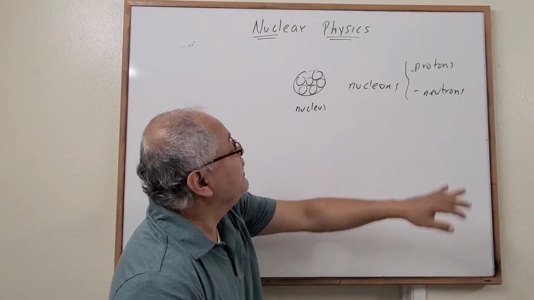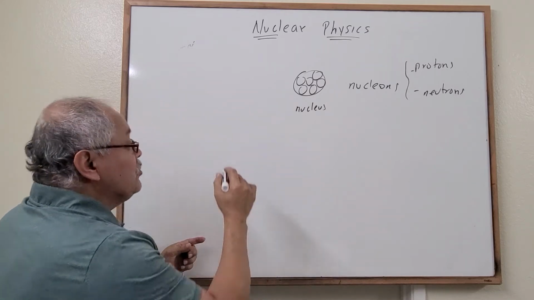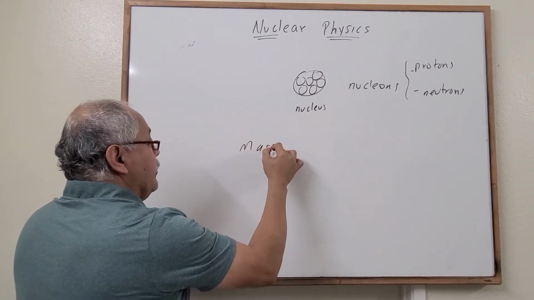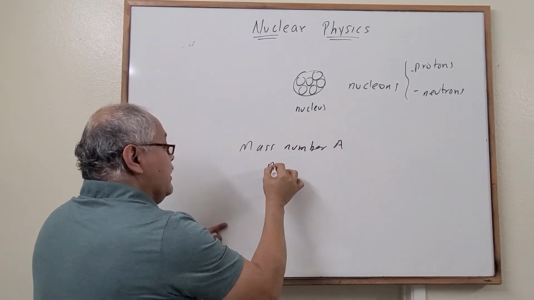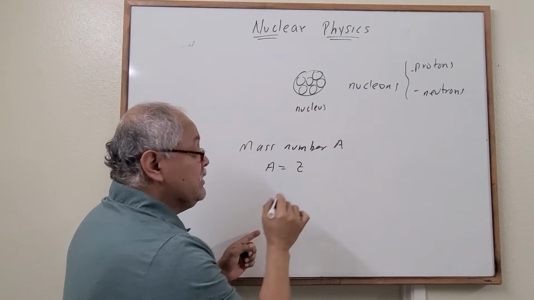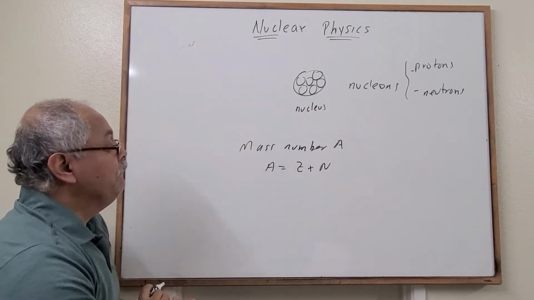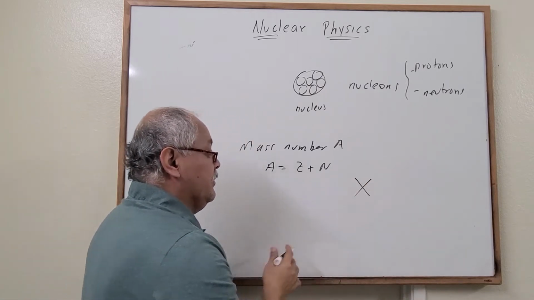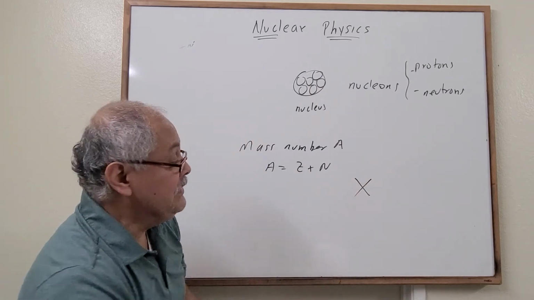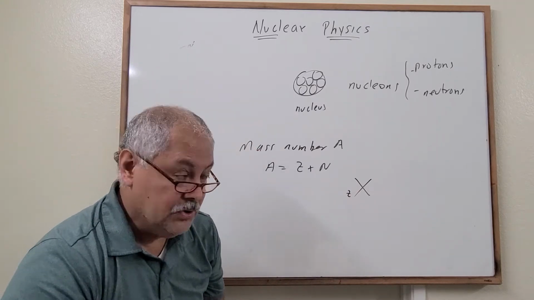Also, the sum of these particles is the mass number. So we have the mass number A, right? A is equal to the number of protons plus the number of neutrons. Correct. Also, we use this symbol to represent the element, and right here we have the number of protons, correct?